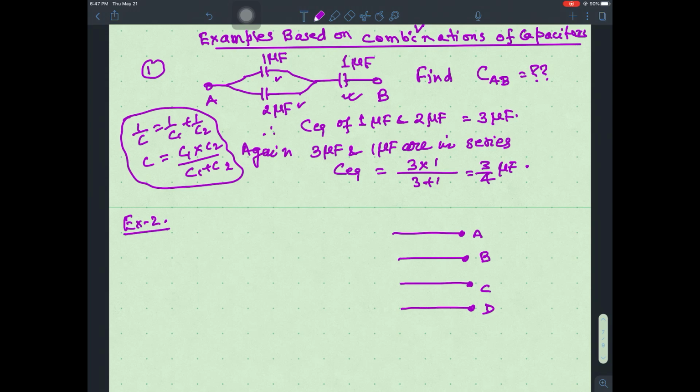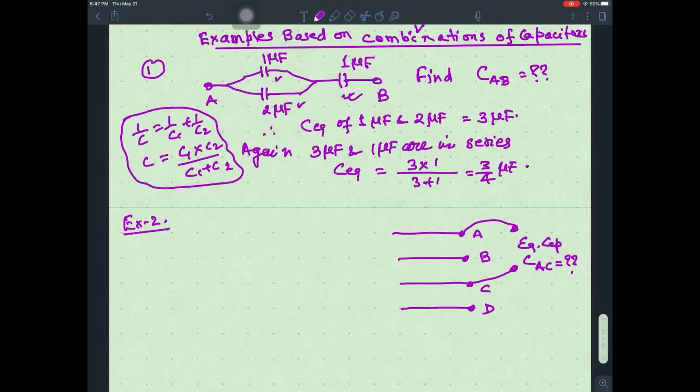And in this we have from here one point, and from here one point, and we have to find equivalent capacitance CAC, equals to how much?